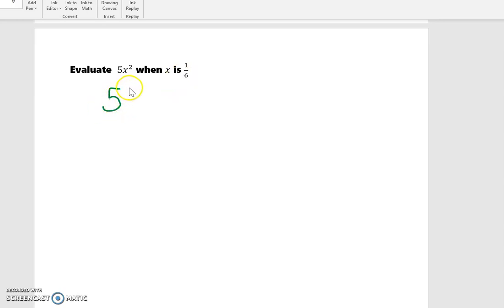And again, it's helpful to put that x in parentheses, reminding me to deal with each part of this problem on its own. Again, we express the exponent first, so I'm going to ignore 5, the coefficient, to start, and I'm going to do 1/6 to the second power.